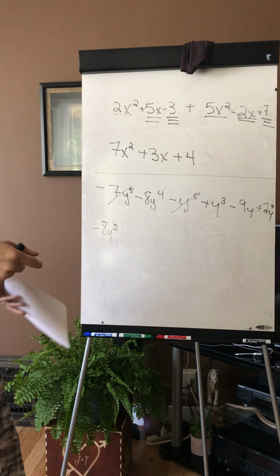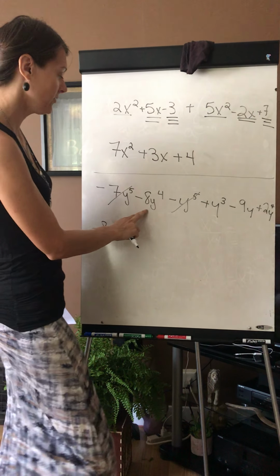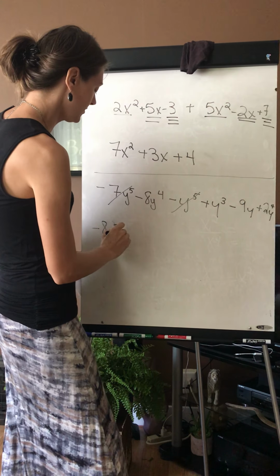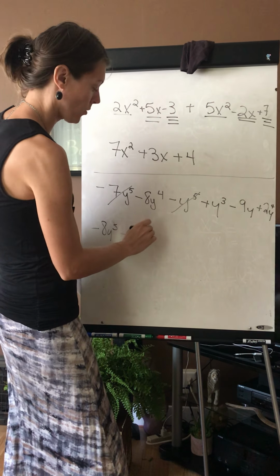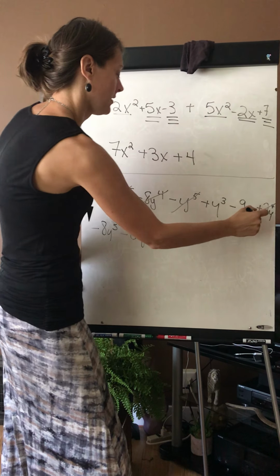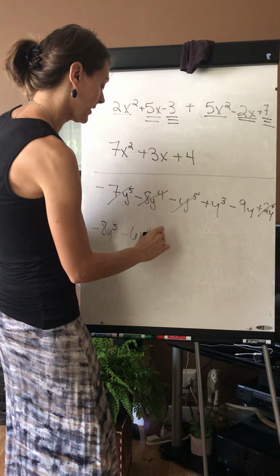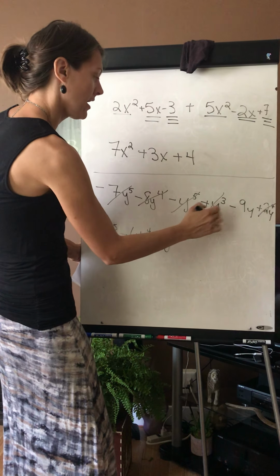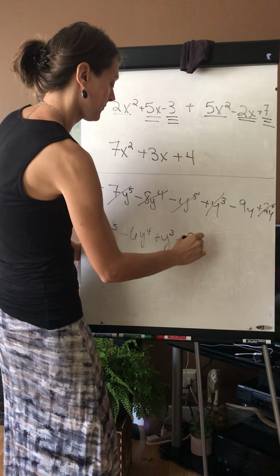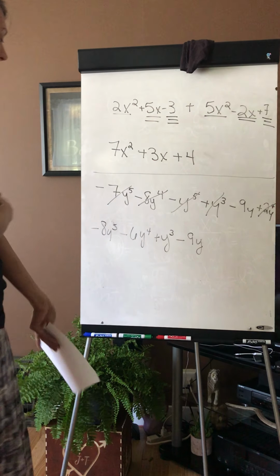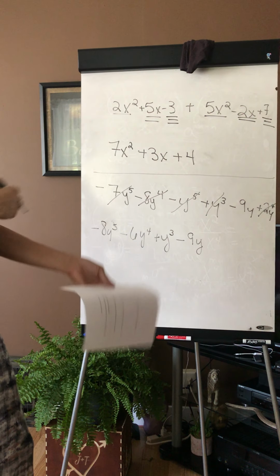And then as I move on to the y to the 4th, I have negative 8 plus 2, that's negative 6, and again, y to the 4th. And then I've just got one y cubed term, so I'll just write it as is, and then minus the 9y. So that will be my final answer.